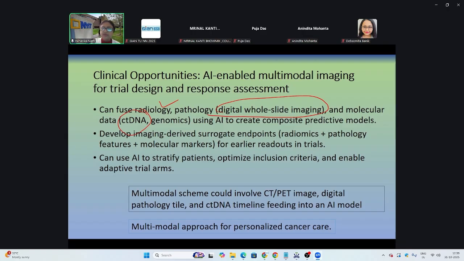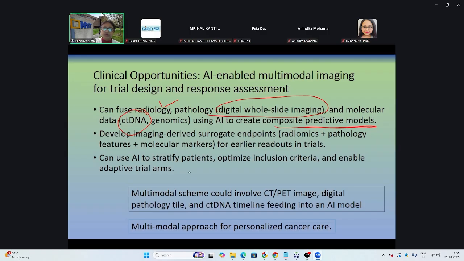And then you can use AI to learn from there and create predictive models. I don't know how that would be done, but those are the big stories that could be done. We can use AI to stratify patients based on the features we examine.